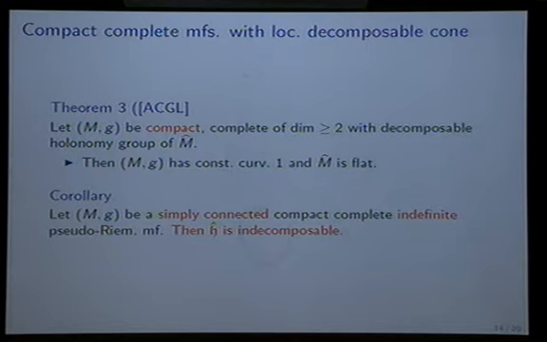So of course the sphere is compact, but this is with a definite metric. If you assume that the metric is indefinite and the space is of constant curvature, simply connected, then the manifold is non-compact. So this means that here we have no other choice than to have an indecomposable cone. So this is a corollary of this theorem 3.